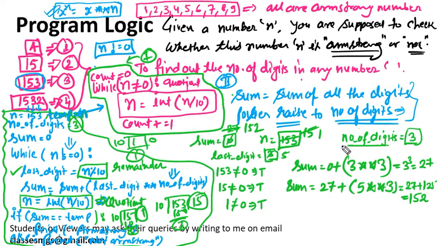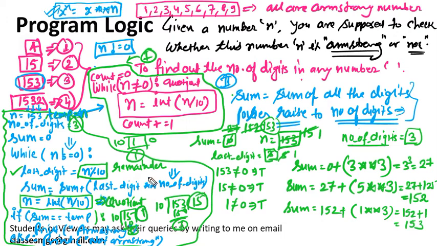So 1 will be the remainder, and the last digit will become 1. The formula applies again: sum equals 152 plus 1 to the power 3, which is 1 cubed, so sum will become 153.